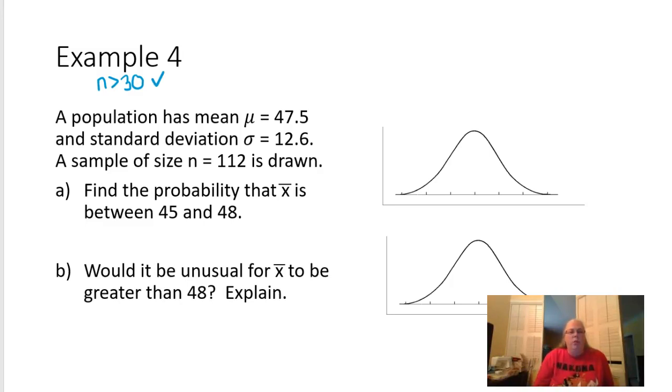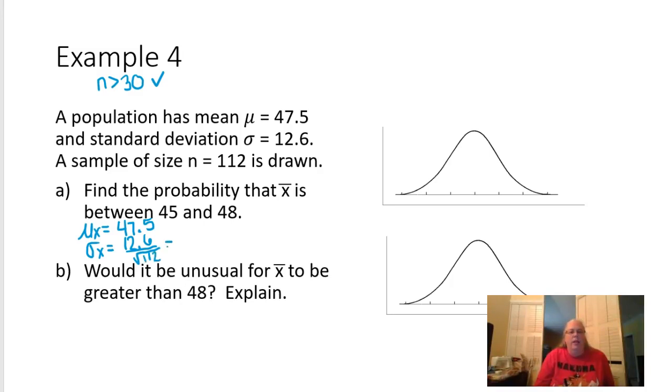All right, the next thing we want to do is find our mu sub x. Well, remember, that's just the mean of our population, which was given to us to be 47.5. And we want to find our sigma sub x, which is going to be the population standard deviation divided by the square root of our sample size.